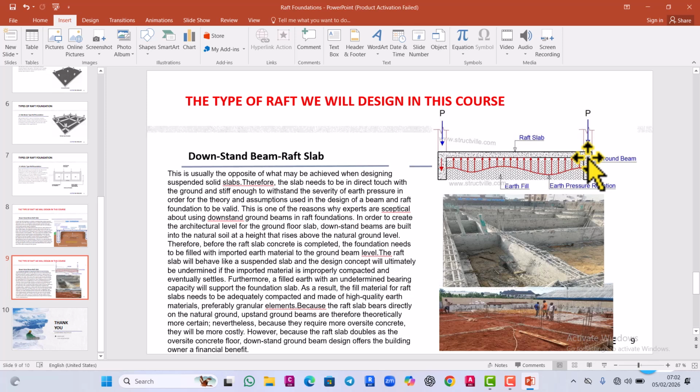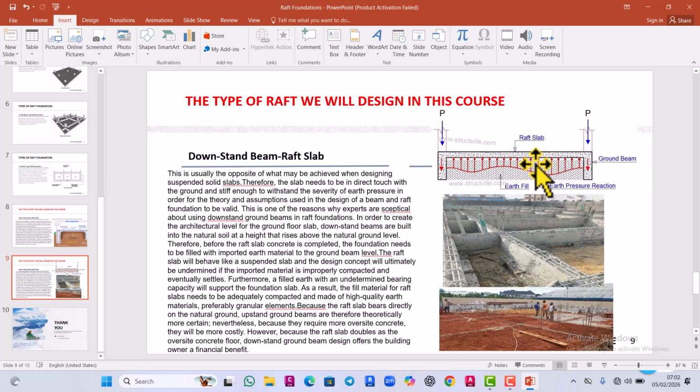Okay, so then why do we normally prefer this downstand over the upstand? Because okay, now the challenge of the downstand beam is because of that settlement where the soil will settle and leave the under of the slab void. And once the under of the slab becomes void, the foundation fails.